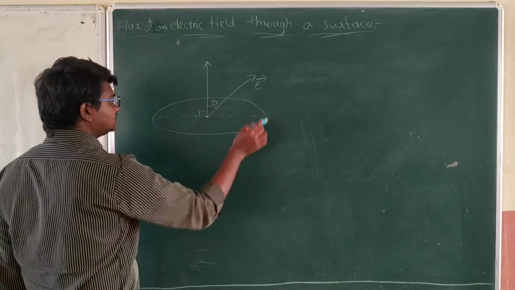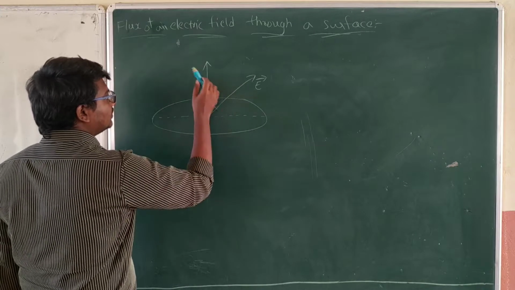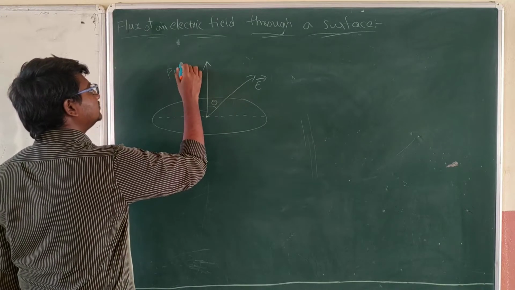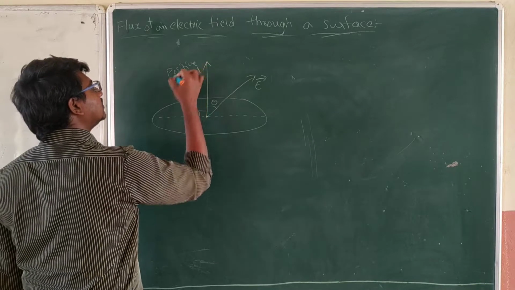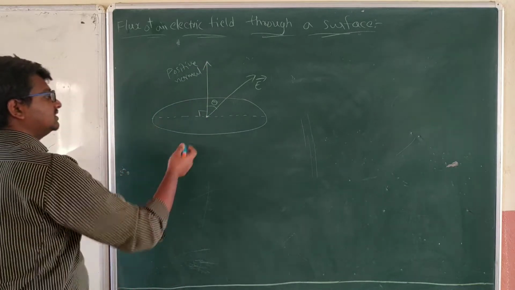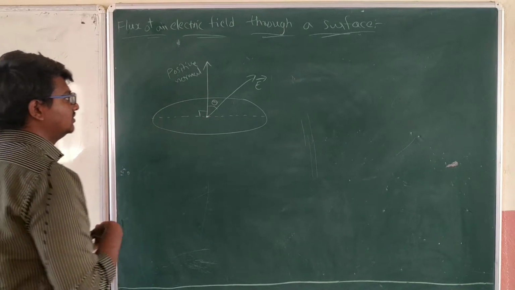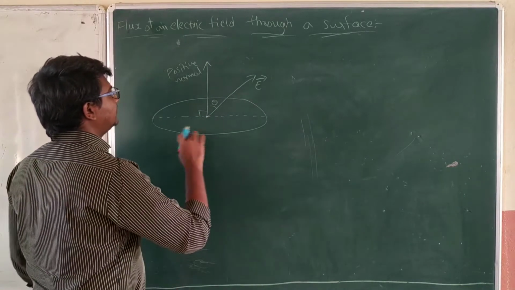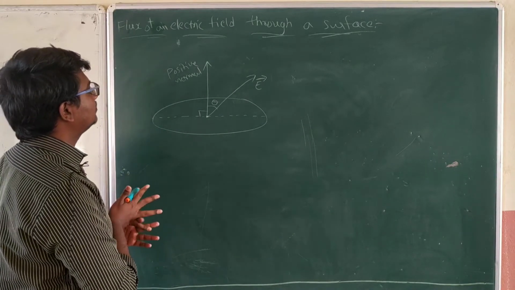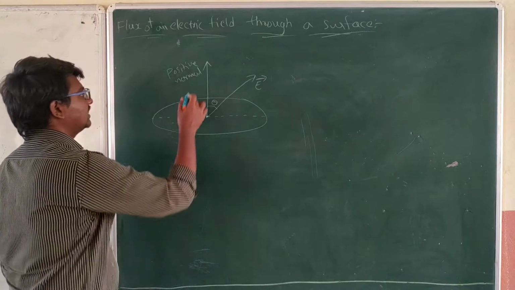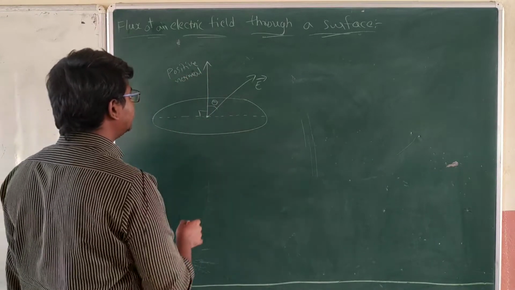This is an imaginary surface, and it has one normal. We can call this a positive normal. Going down in this manner can be considered a negative normal. Depending on the size and shape of the surface, positive normal and negative normal will be shown. Actually, positive normal will be upwards, negative normal will be downwards.